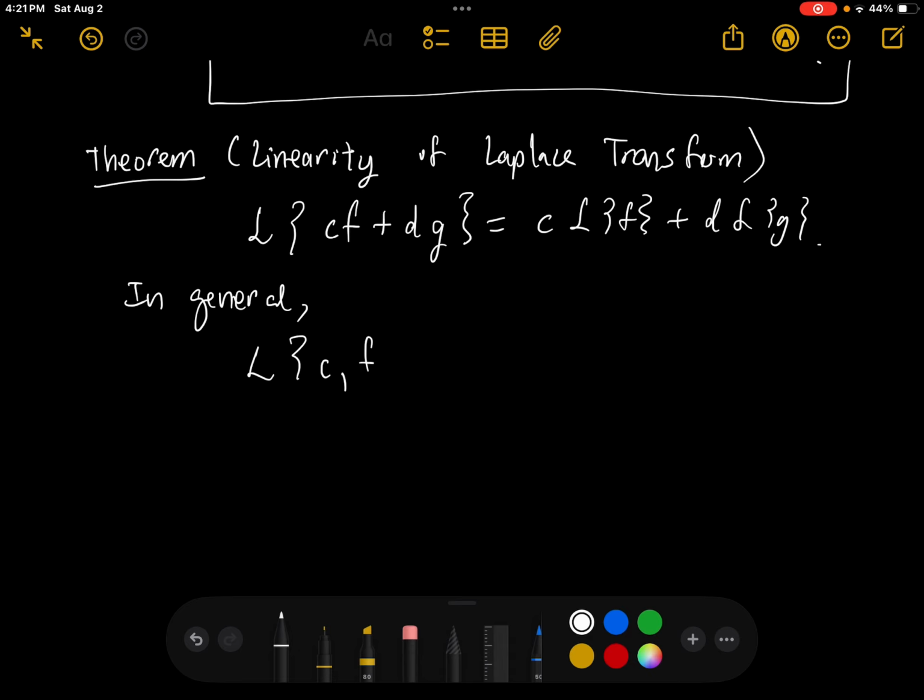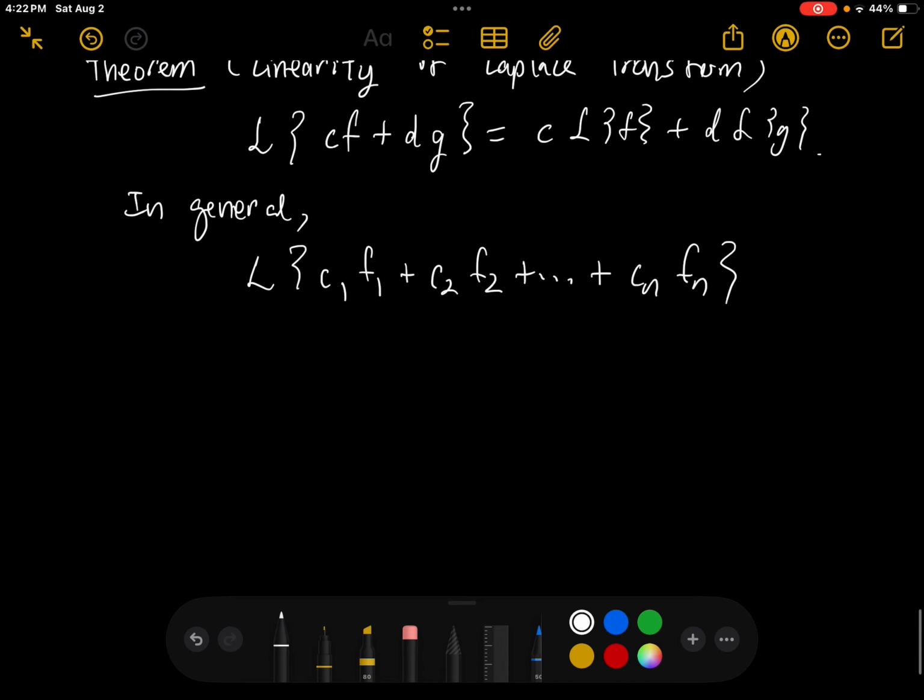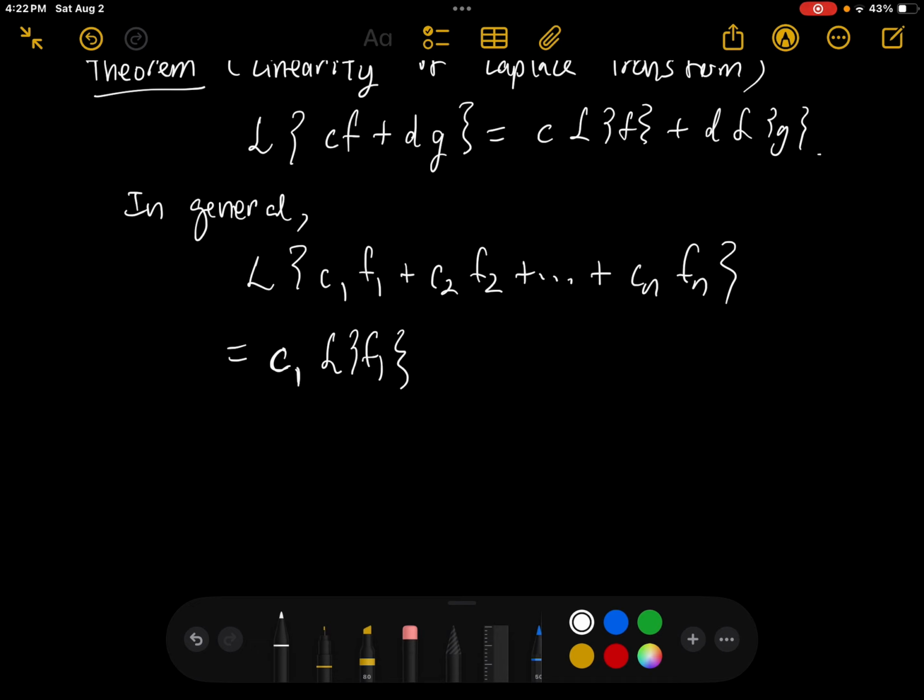So if you have C1 F1 plus C2 F2 plus dot dot dot plus Cn Fn, and you want the Laplace transform of that, that is going to be C1 times the Laplace transform of F1, plus C2 times the Laplace transform of F2, plus dot dot dot, plus Cn times the Laplace transform of Fn.